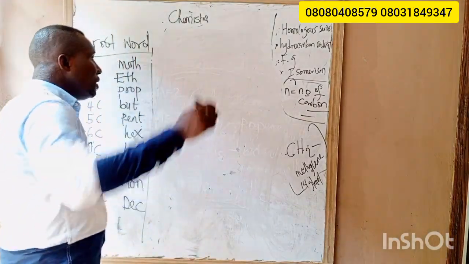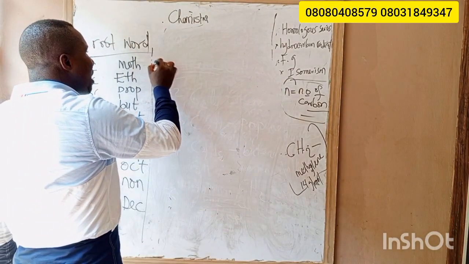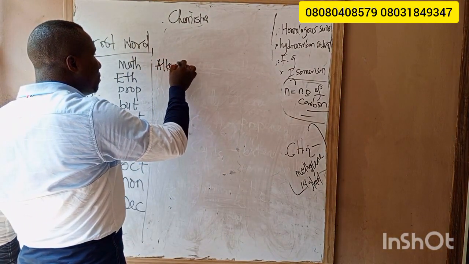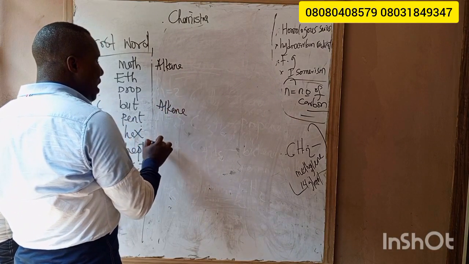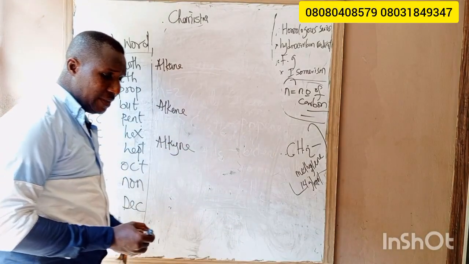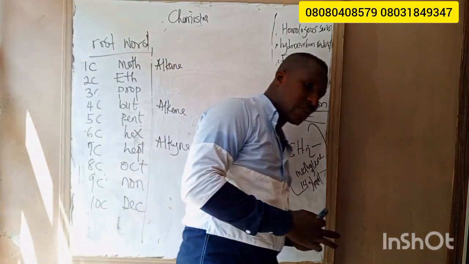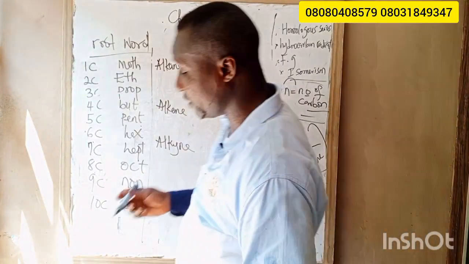Hydrogen and carbon. Alkane is a hydrocarbon. Alkene is a hydrocarbon. Alkyne is a hydrocarbon. Even aromatic benzene is a hydrocarbon.